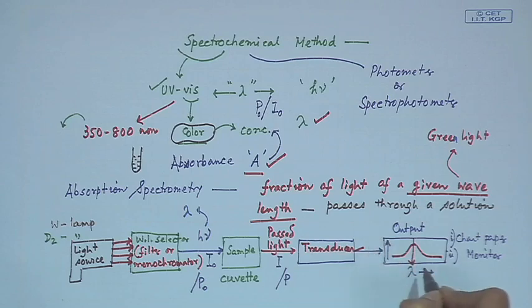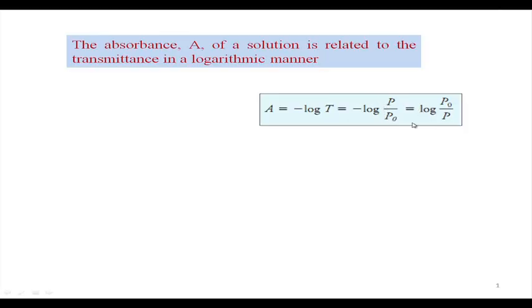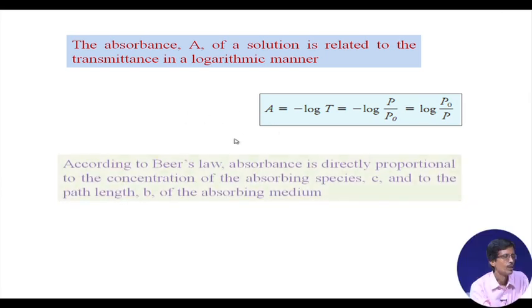So, this particular one is thus useful to find out the corresponding T value, that means the transmittance value. So, this we get thus that the T. So, T is nothing but your P by P 0. So, we are simply correlating your A, which is defined as absorbance. So, absorbance, so the machine, the transducer and the corresponding chart or the output device will give us the corresponding direct recording of this A value against the lambda value.